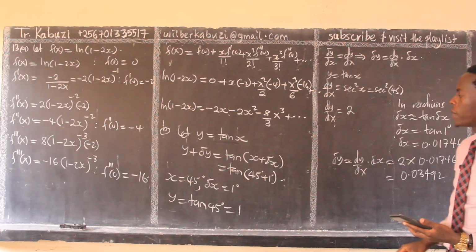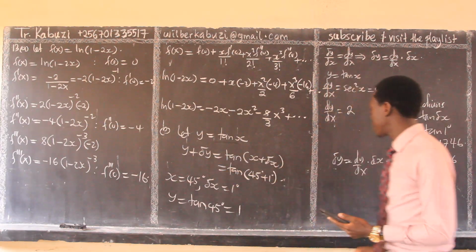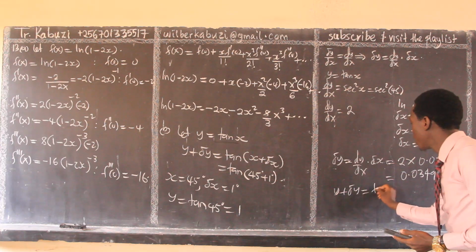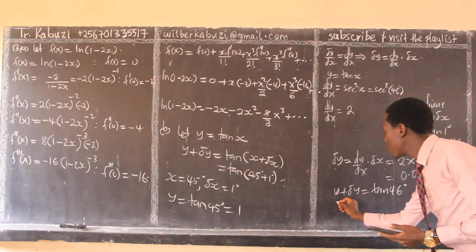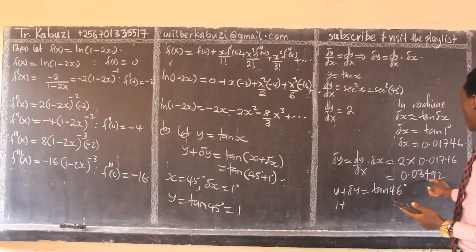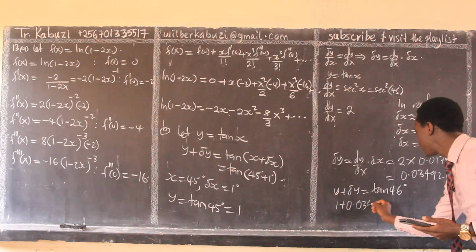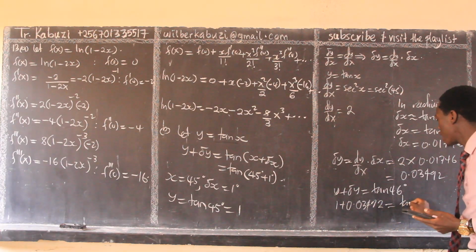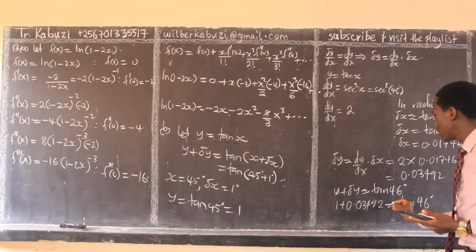0.03492. So it means that now from here, what I wanted was y plus that. So my y plus delta y will be equal to tan 46 degrees. But my y was 1, plus delta y 0.03492 equals to tan 46. But this is an approximate value.